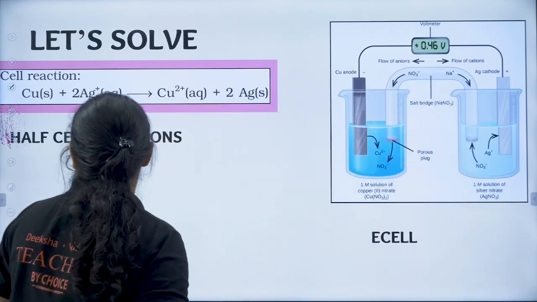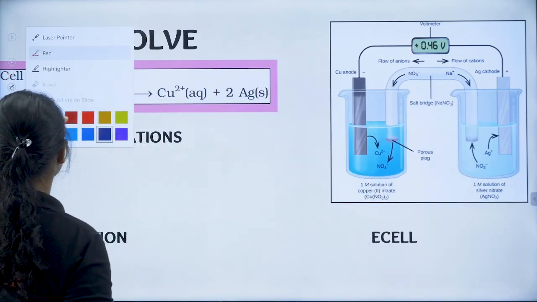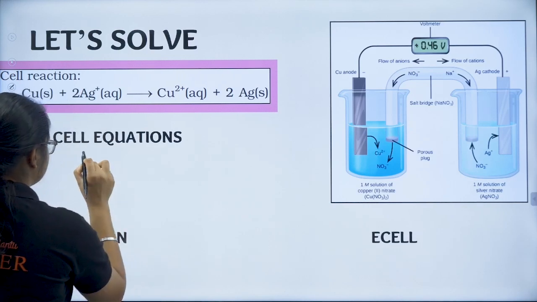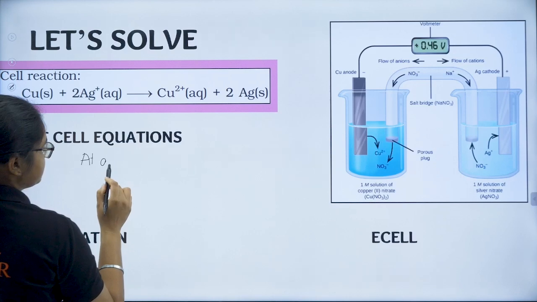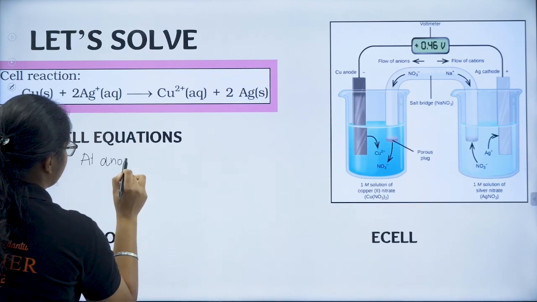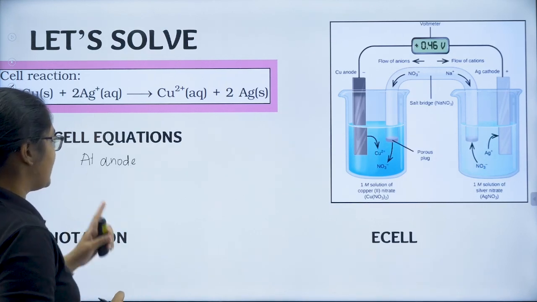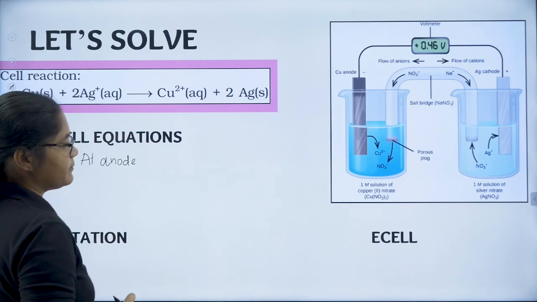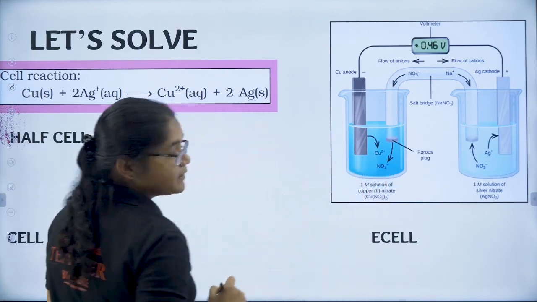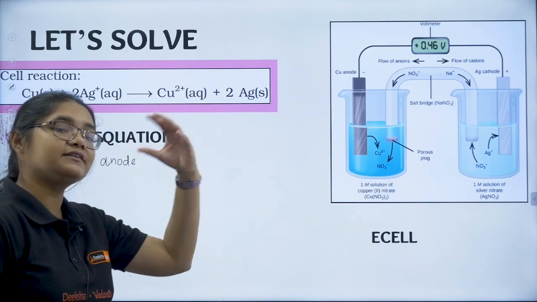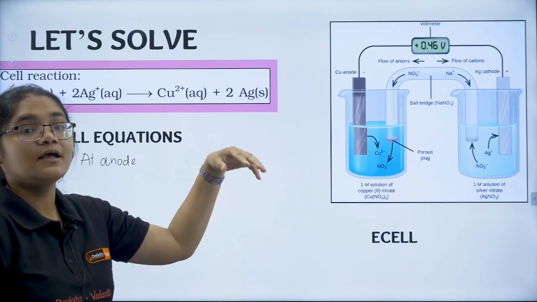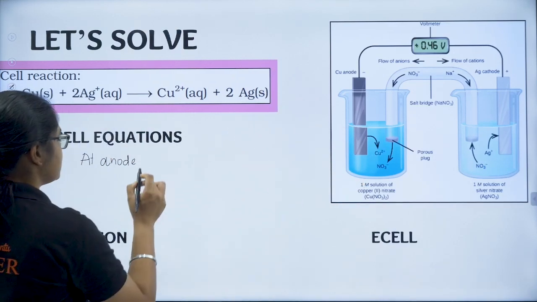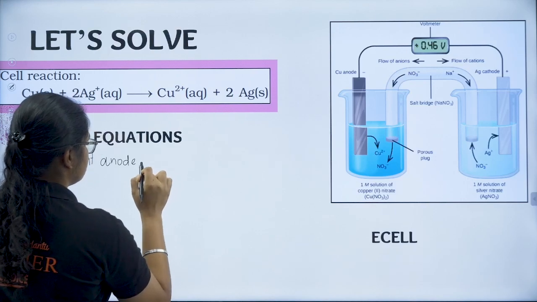So I will write what happens at anode. At anode, what is happening? Oxidation is happening. Whose oxidation is happening? Copper is undergoing oxidation. You see in the previous combination, copper was on the reduction side, but here copper is on the oxidation side. So copper is undergoing oxidation.